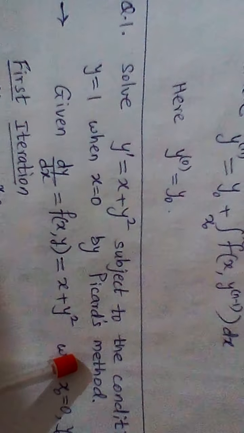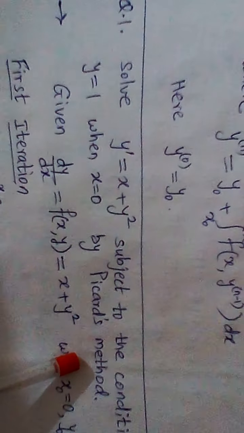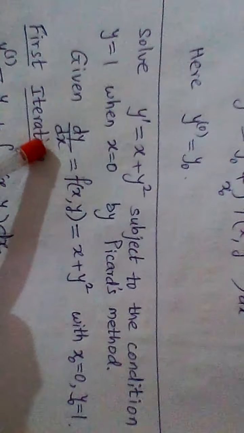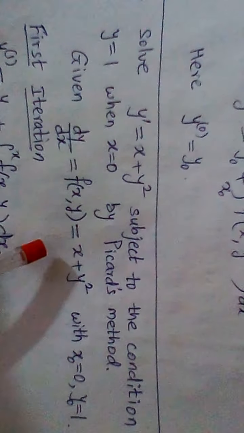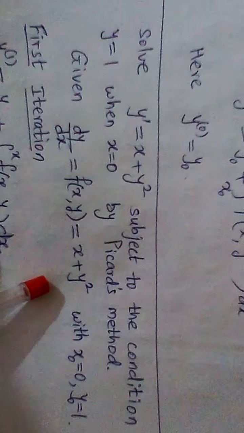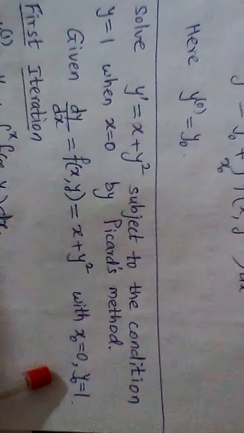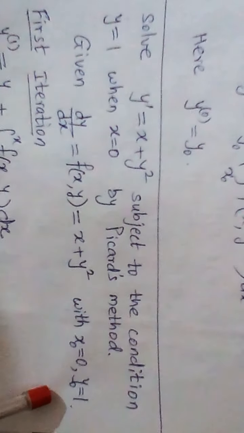So while solving, first we try to see what our function is and what the initial values are. So let us write, given dy by dx is equal to f of x comma y equal to x plus y square, with x naught equal to 0, y naught equal to 1. So initial values we have noted.